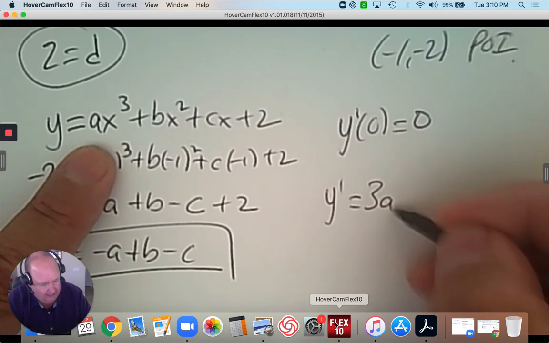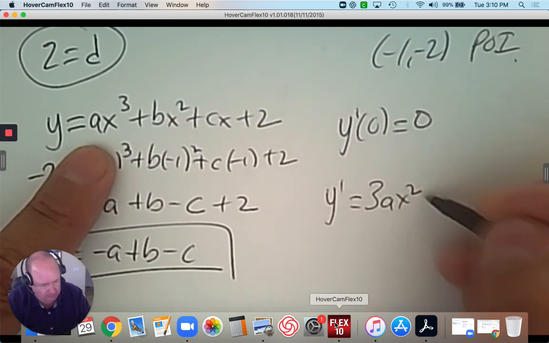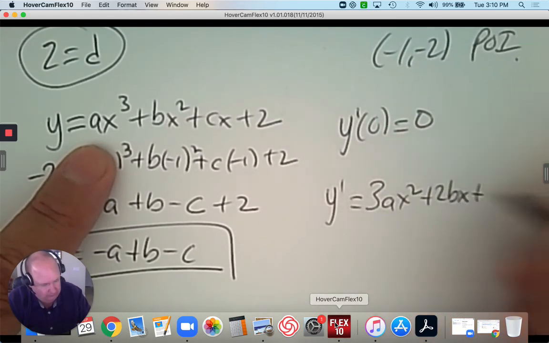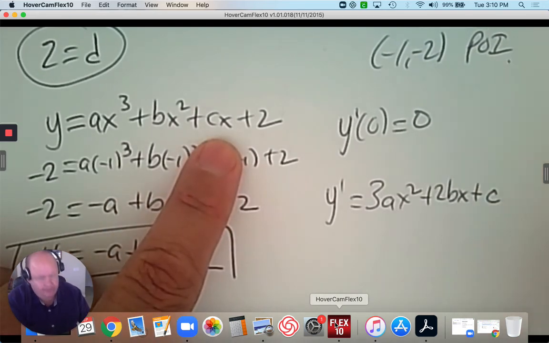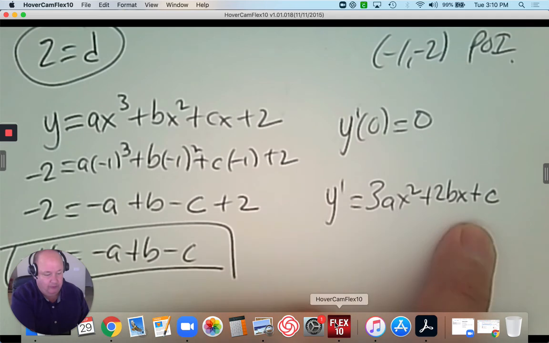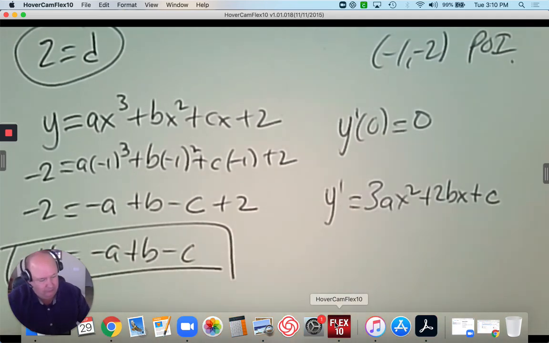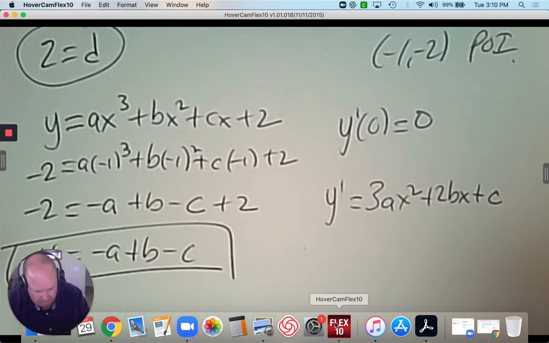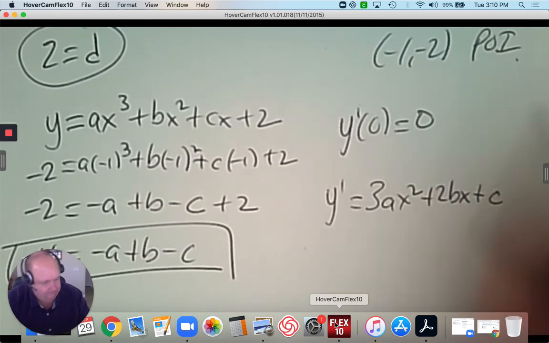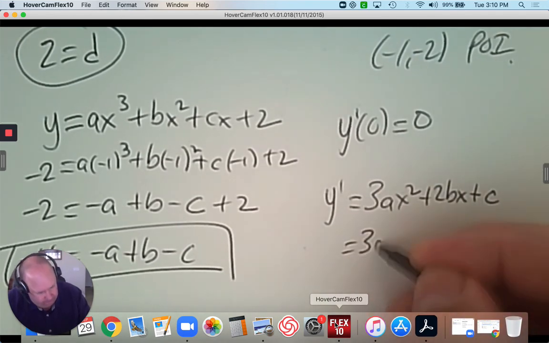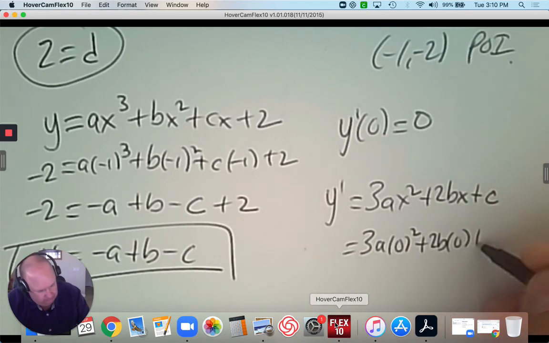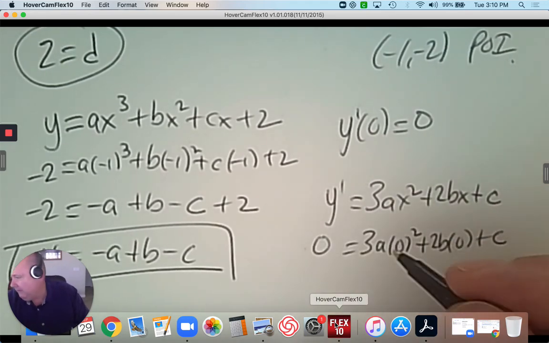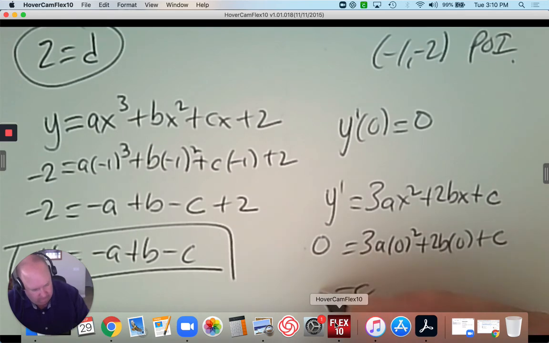That's 3a x squared plus 2bx plus c. The derivative of 2 is 0. So when I plug in 0, the answer has to be 0. So if I do all that, c is equal to 0.